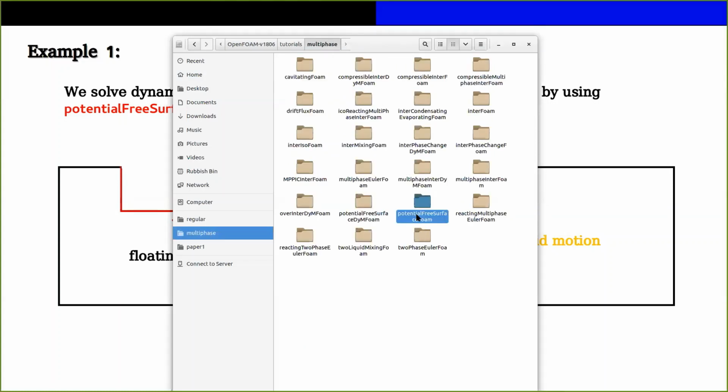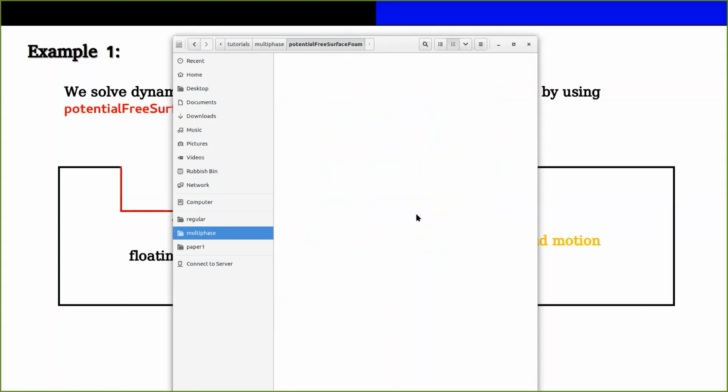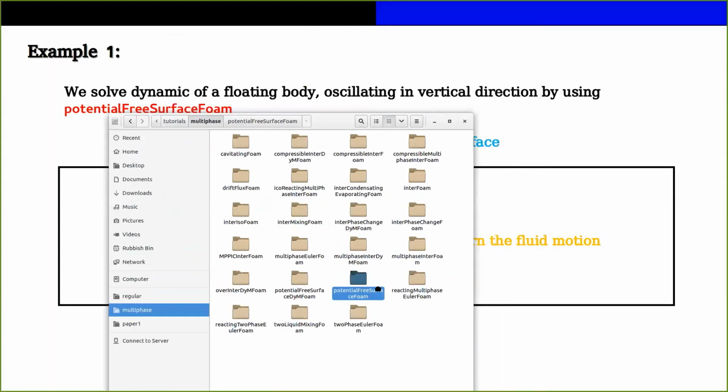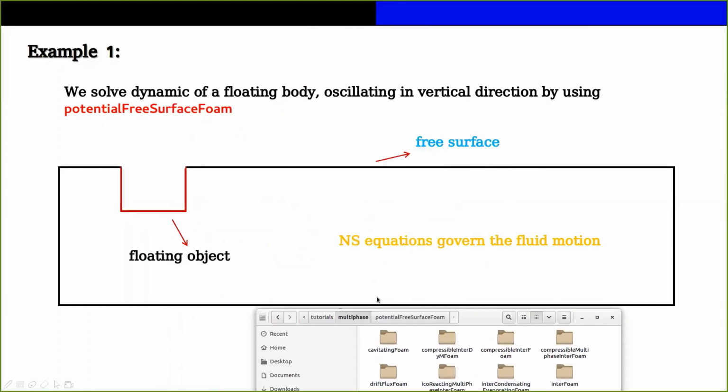There's a solver named potentialFreeSurfaceFoam, and I just took the example from here. So what is this potentialFreeSurfaceFoam? It solves a multi-phase problem, not a real multi-phase problem. It solves a single phase problem by considering a free surface for it. So we've got an extra free surface boundary condition.